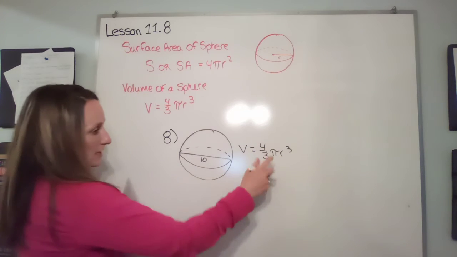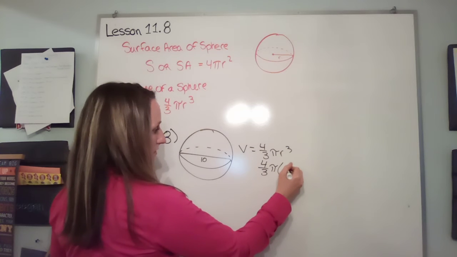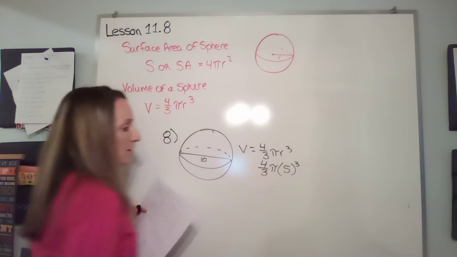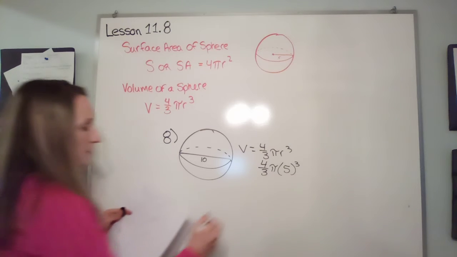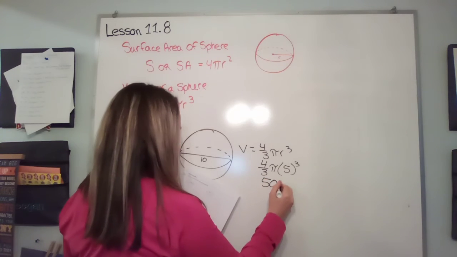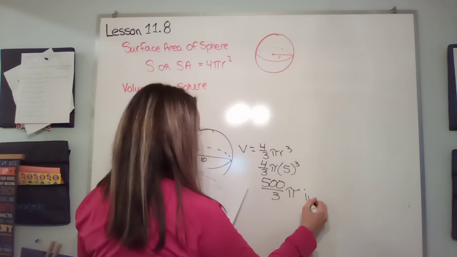The diameter is 10, so my radius is 5. All right. You're going to cube the 5 and then multiply by 4 over 3. And that's going to give you 500 over 3 pi inches cubed.